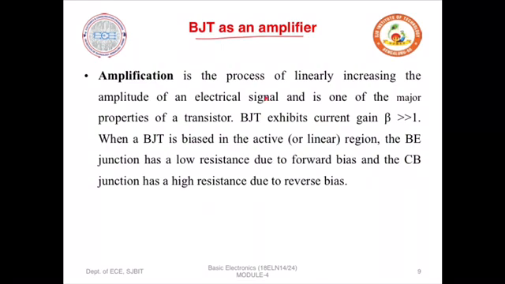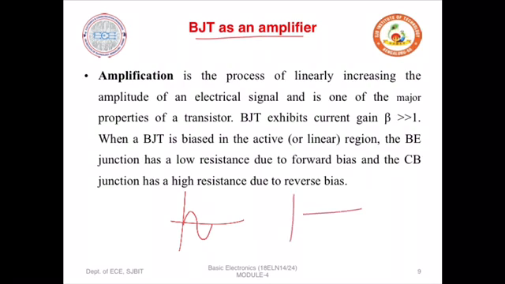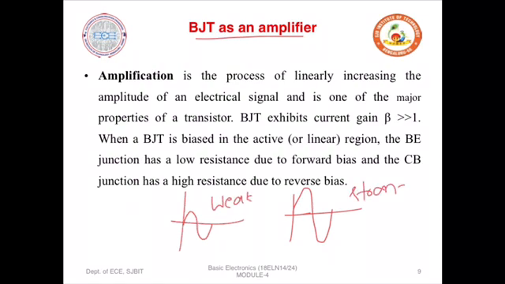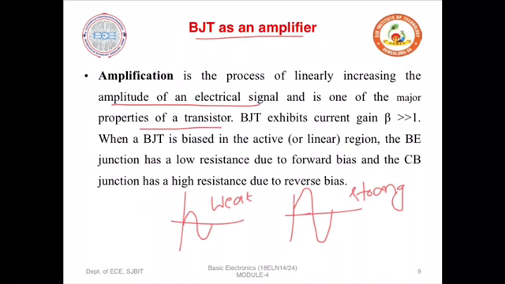It is a process by which a weak signal is converted into a strong signal. A signal which has lesser amplitude will be converted into a signal which has higher amplitude. Here we are increasing the amplitude of the electrical signal, and this is one of the major properties of the transistor.